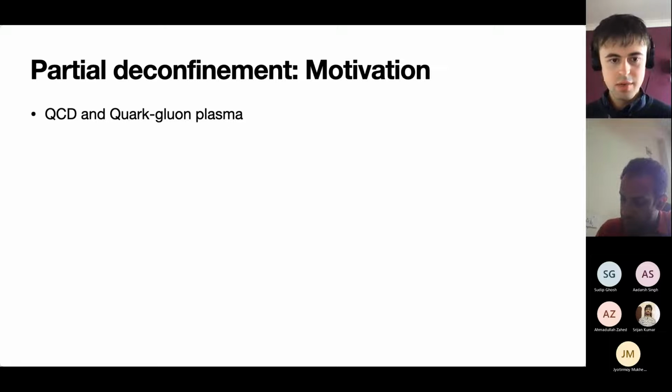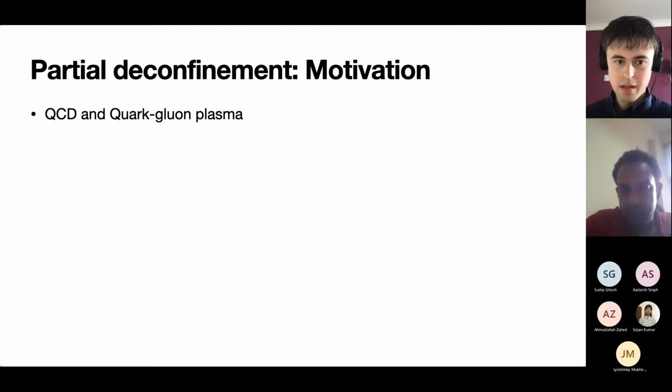Okay, so first, why should we be interested in partial confinement? We want to understand QCD in the real world, especially the quark gluon plasma. The quark gluon plasma and the phase diagram of QCD aren't currently well understood, and a lot remains conjecture.